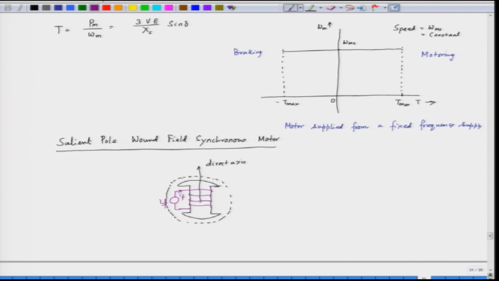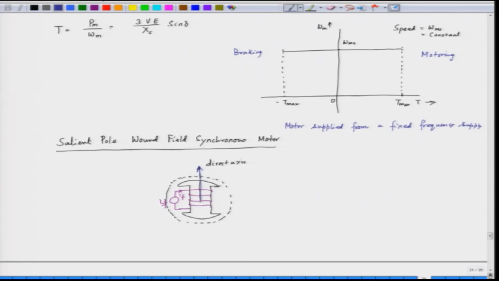So, the flux is produced along the pole. This is called the direct axis, because the flux is produced along the direct axis. Now, we have an axis in between, which is at right angle to the direct axis, and that is called the quadrature axis.